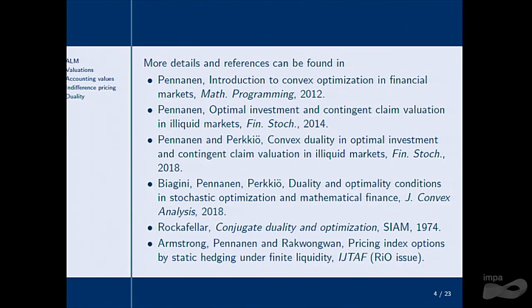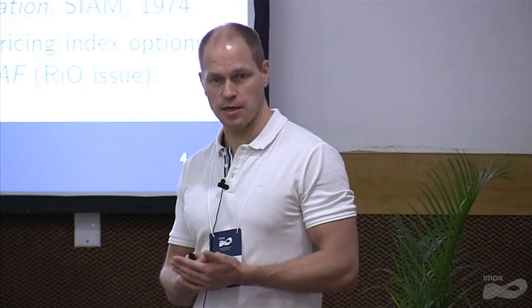And this paper on duality for convex stochastic optimization is based on this beautiful book by Terry Rockafellar from the early 70s, where he develops, one could say, the most general theory for convex optimization.